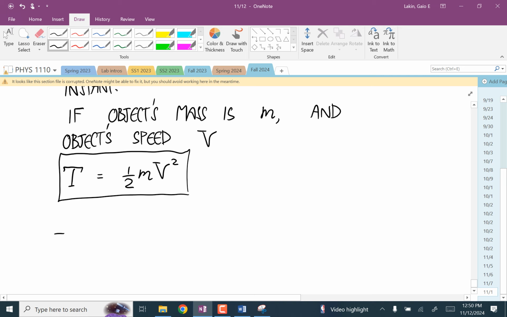One thing to notice is, this involves an object's speed, not its velocity. We don't care about the direction, okay? So if the object is going 20 meters per second north, it has the same energy as if it's going 20 meters per second west, okay? But you can calculate this if you have the velocity.